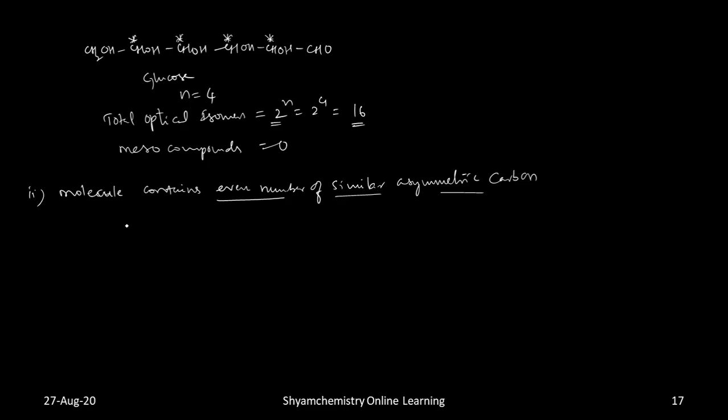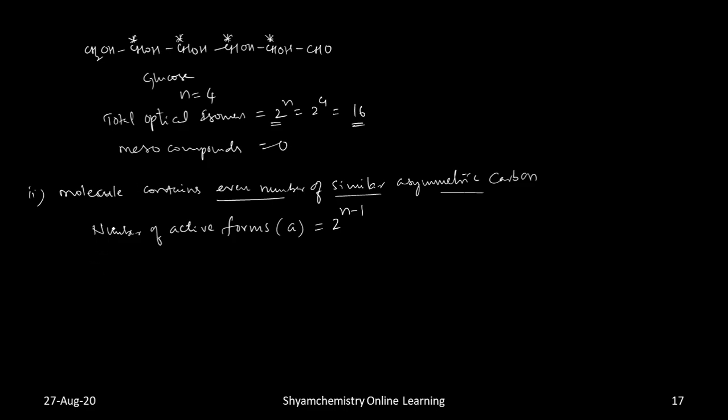Okay, for this type of molecules we can calculate with a different formula. In this case, the number of active forms A can be calculated by the formula 2 to the power of n minus 1.